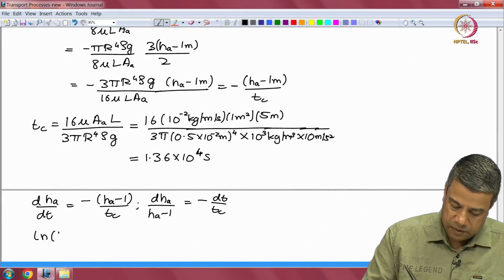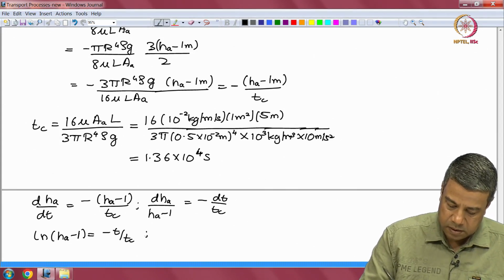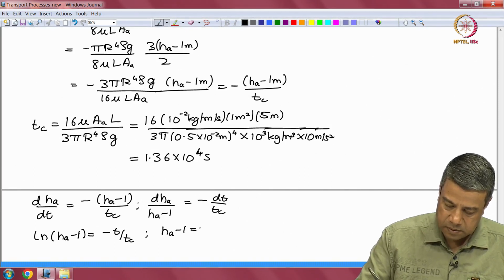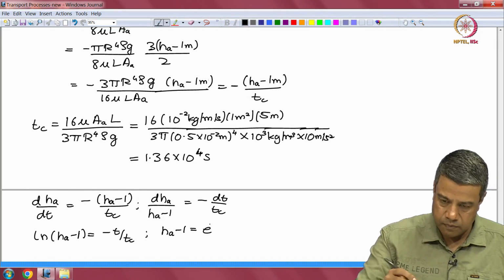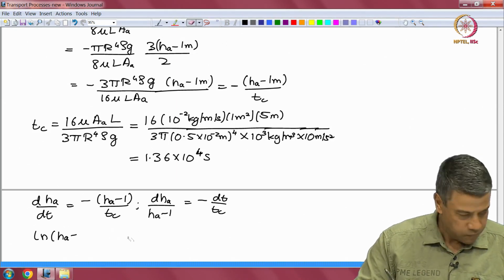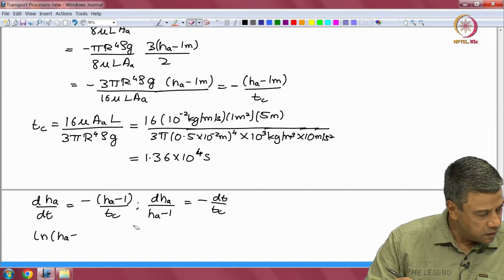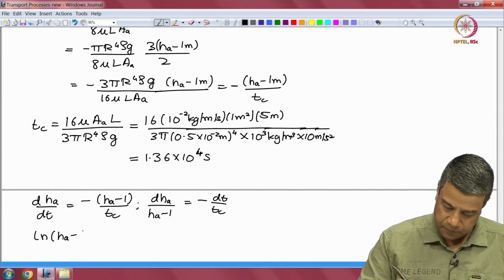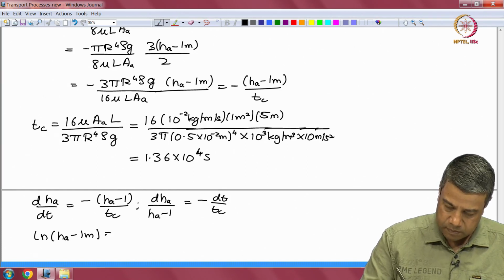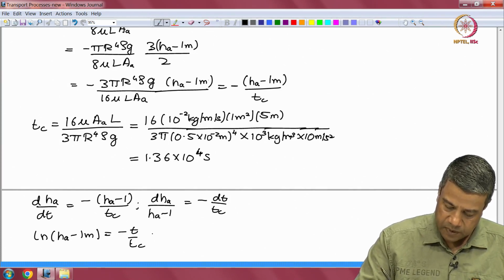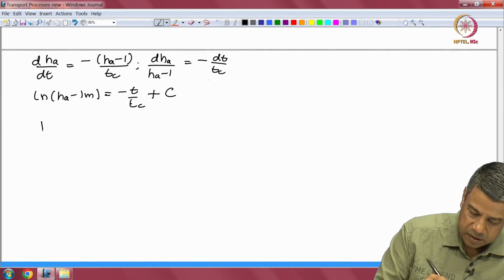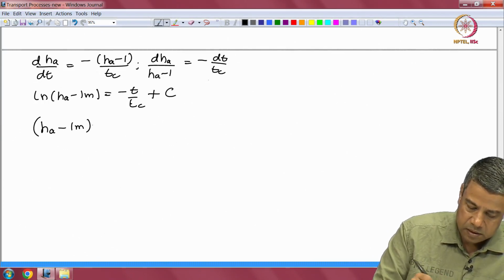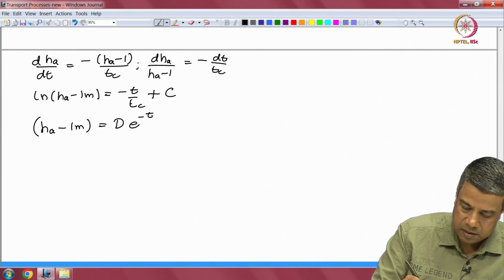The natural logarithm of HA minus 1 is equal to minus t by Tc plus a constant of integration, which means that HA minus 1 meter is equal to some constant e power minus t by Tc.